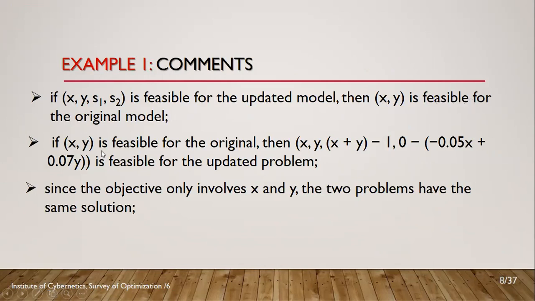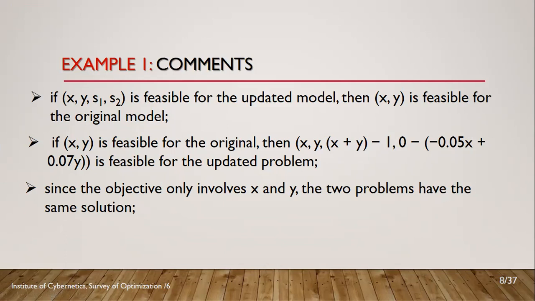If the pair x, y is feasible for the original, then the quadruple is feasible as well, and you see that here the newly introduced variables are replaced by the differences between the right-hand side and the left-hand side, and they're substituted by the expressions. So this extended quadruple is feasible for the updated problem. Since the objective only involves the decision variables x and y, the two problems have the same solution.